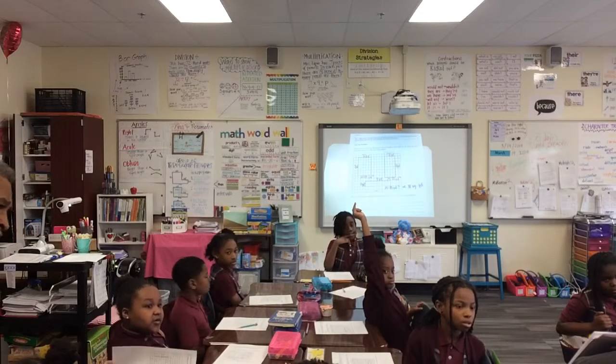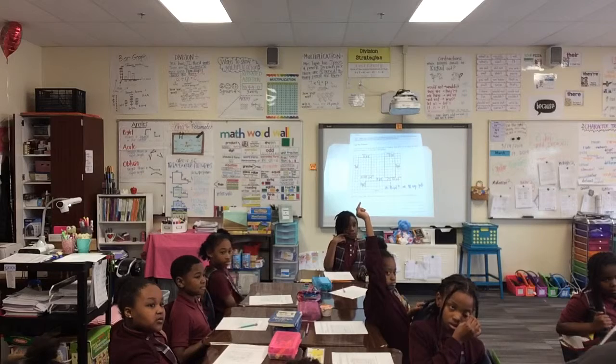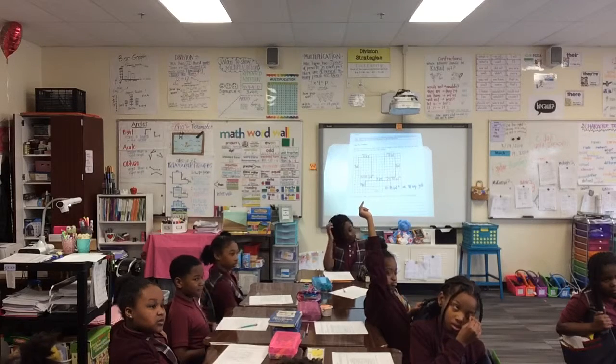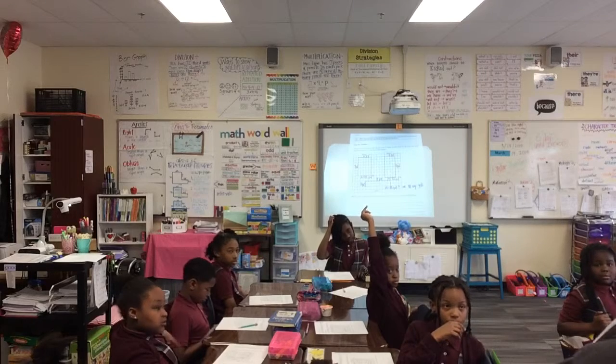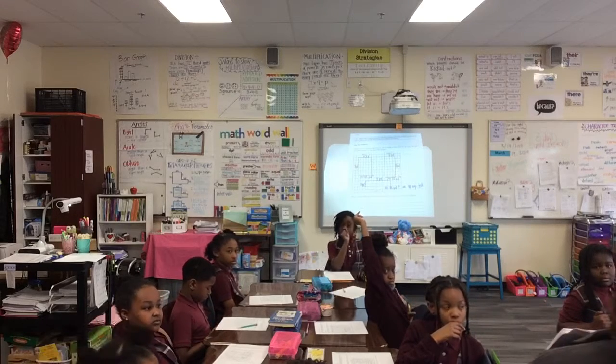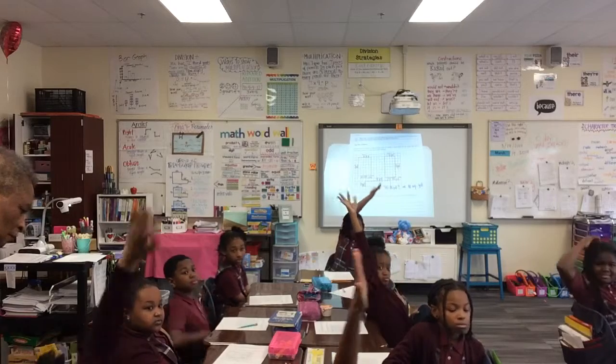What is she doing, Logan? Perimeter. 5 plus 7 plus 5 plus 7 is definitely perimeter. We're not doing perimeter.